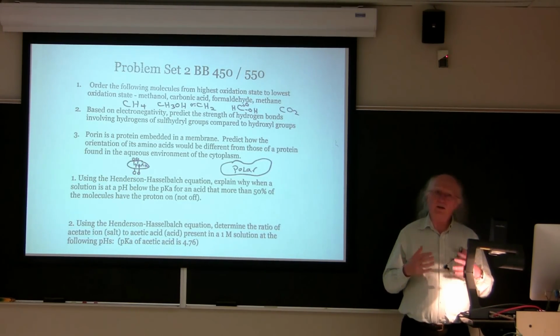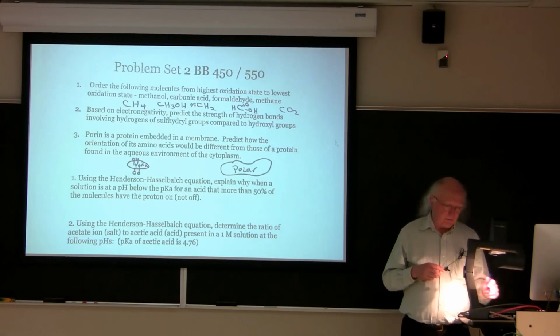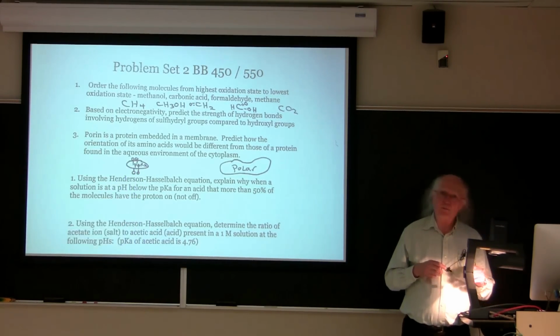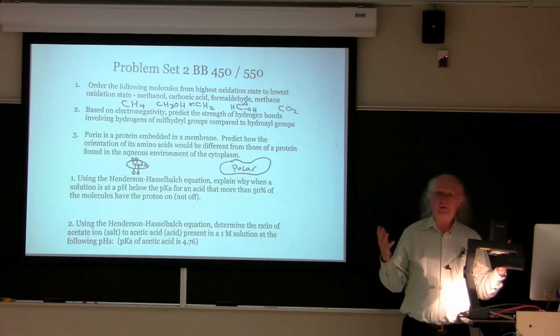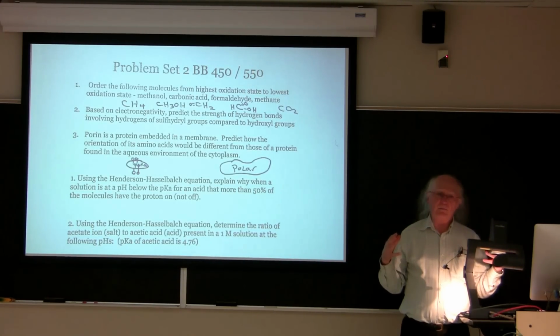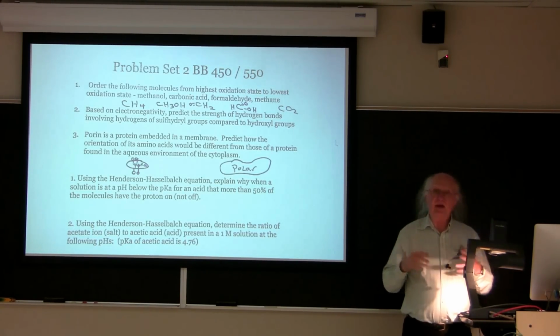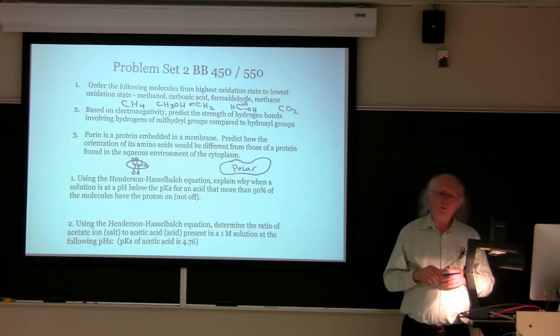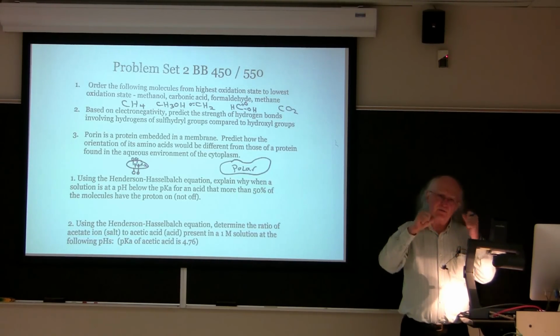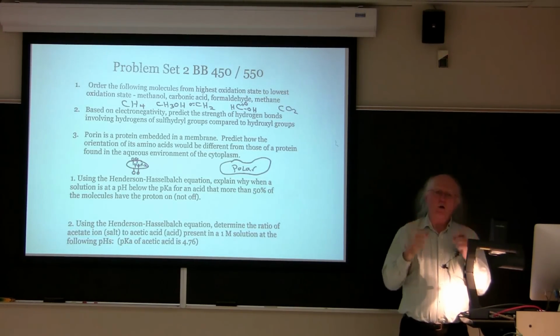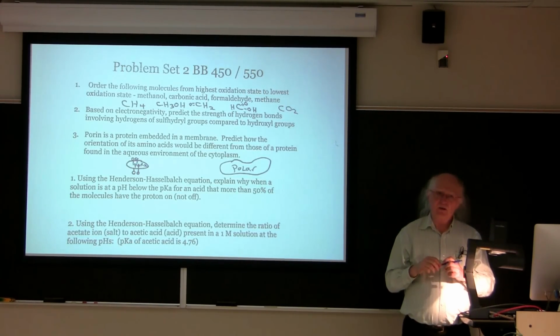Those portions of porin that are in that nonpolar part of the lipid bilayer are exposed to it, and they associate with it very well. So it turns out that since a good deal of porin is actually in that inner part of the lipid bilayer, what we see with porin is that it has a sort of flipped backwards orientation of amino acids.